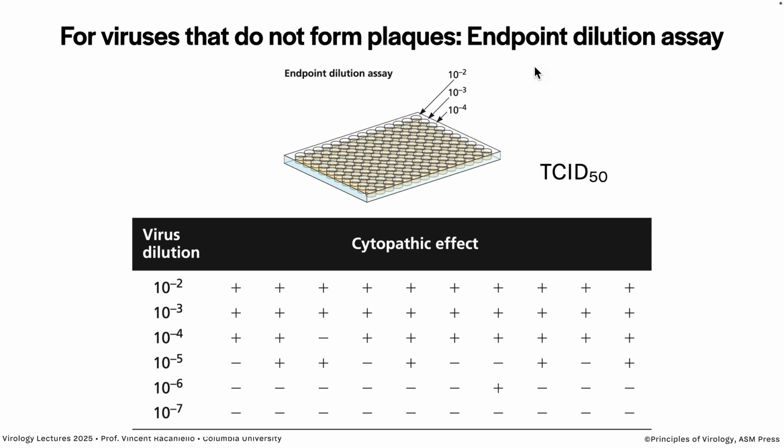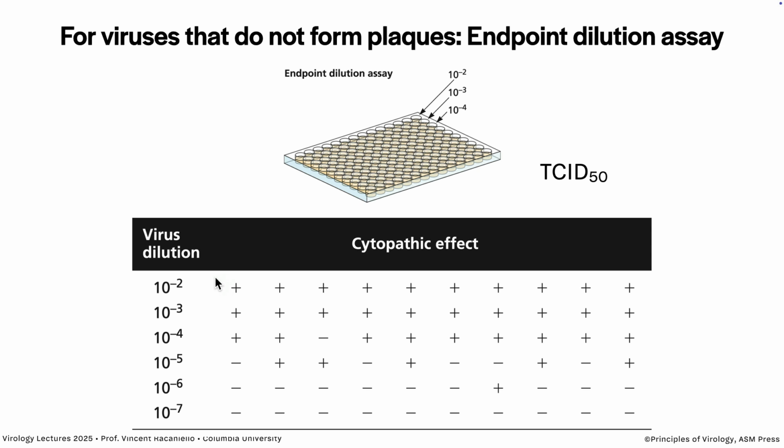One of these assays is called endpoint dilution. What we do here is we take a 96-well plate, which is just a plastic dish with many wells in it that you can grow cells in. And then you infect each row with a different dilution of virus, -2, -3, -4, etc. You incubate the plate for a few days, and then you count the number of wells that show cytopathic effect.